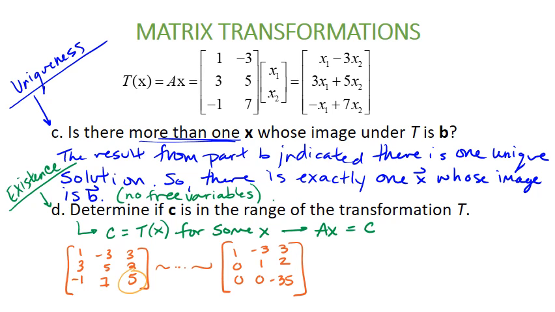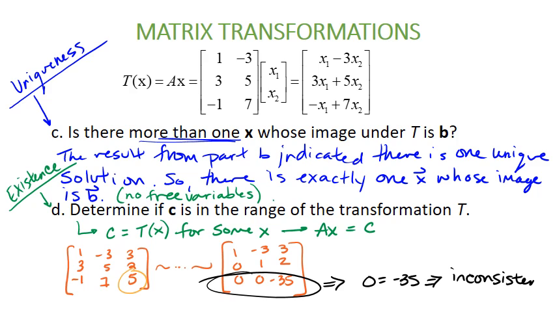Okay, now once we analyze this, we can see we have a little bit of a problem going on down here. This row implies that 0 equals -35, which is not true. So this tells us we have an inconsistent system.